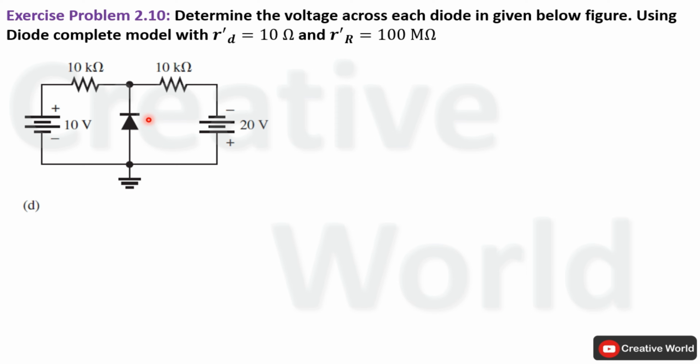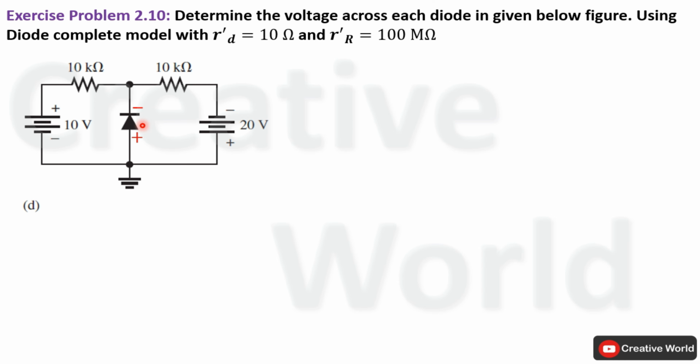So first of all, we have to determine whether this diode is forward biased or reverse biased. In order to do that, this diode has a voltage difference across its terminals greater than 0.7 volt, and the polarity of supplied voltage is also in correct manner. So we can say that this diode is in forward biased mode or conducting mode.